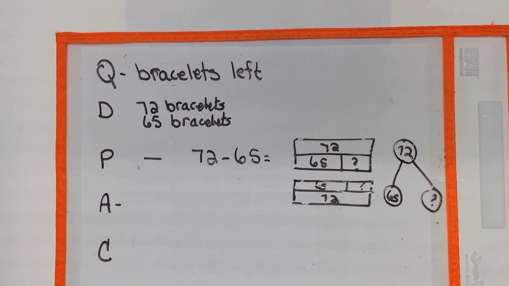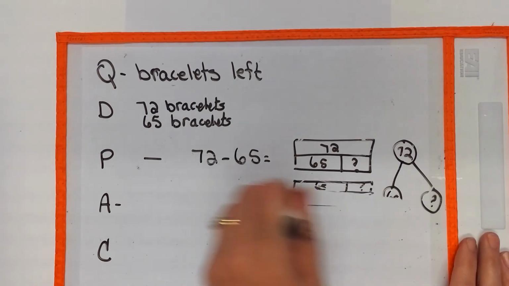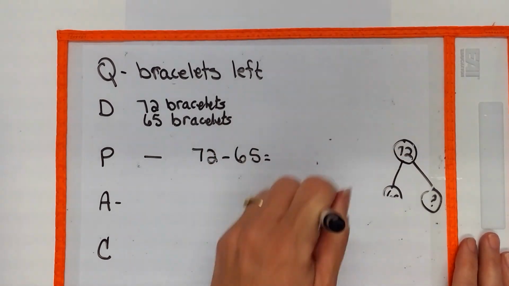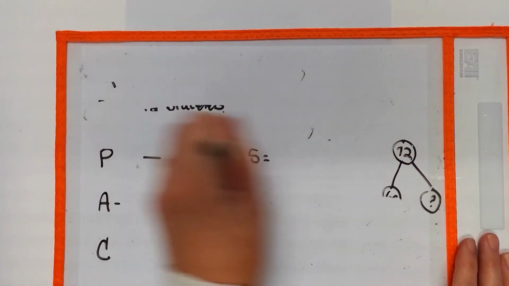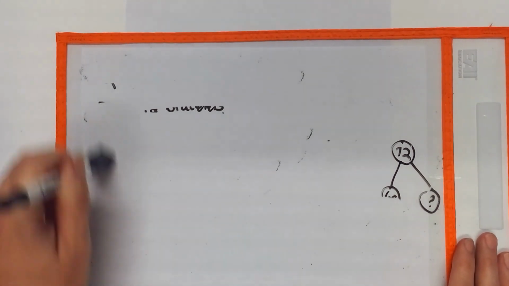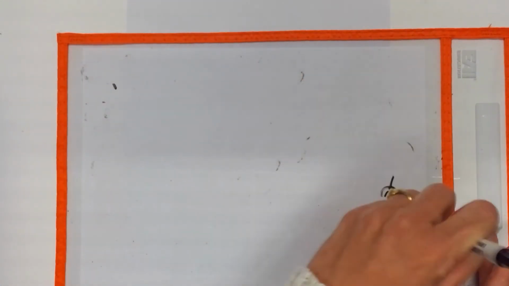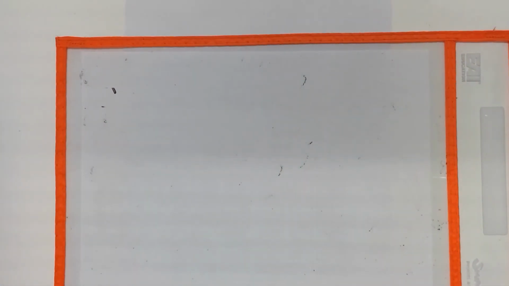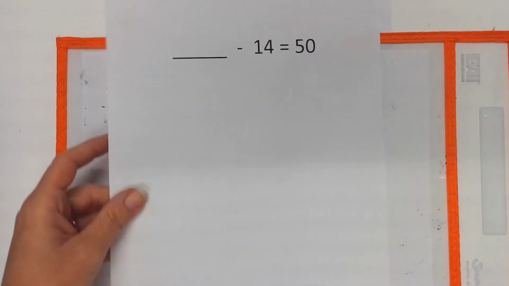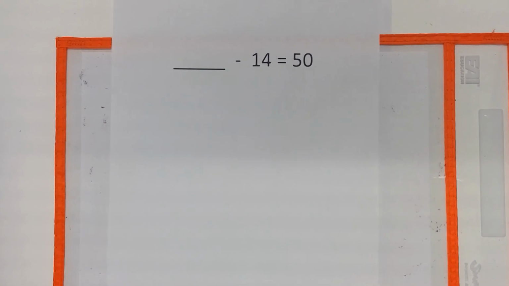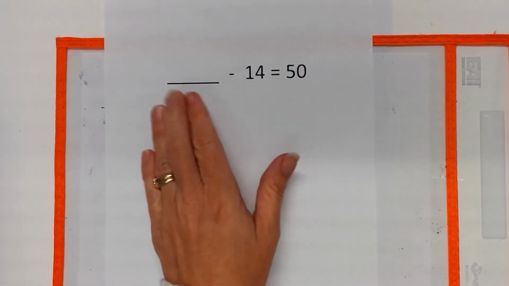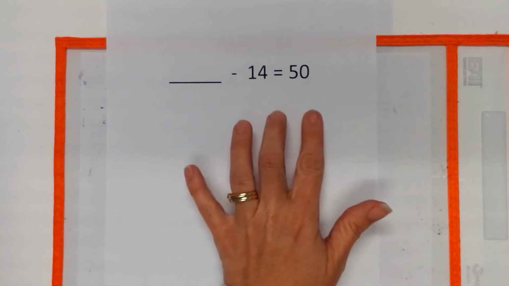The final part of the set of TEKS for subtraction with the word problems is for the students to generate and solve problem-solving situations when there's a given number sentence. So we're not just going to have the kids randomly create their own story problem, but we want to give them a number sentence like this: something minus 14 equals 50.